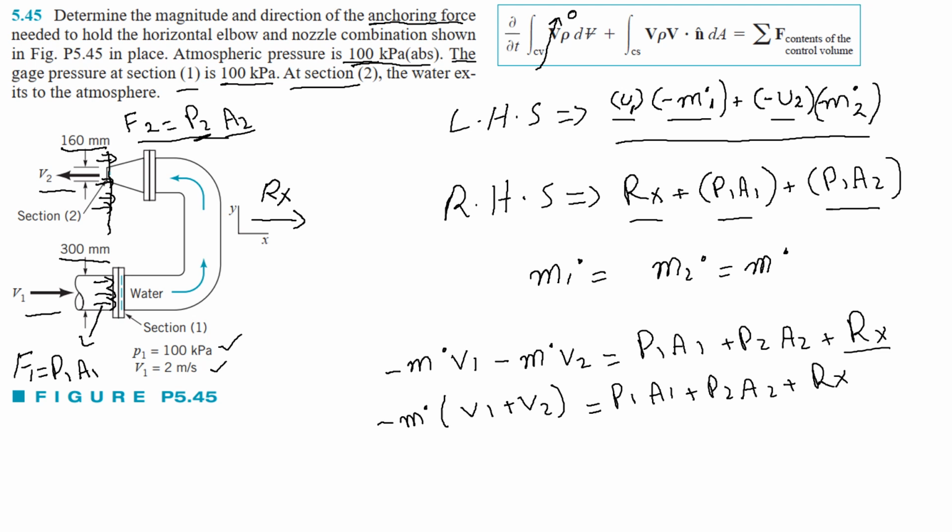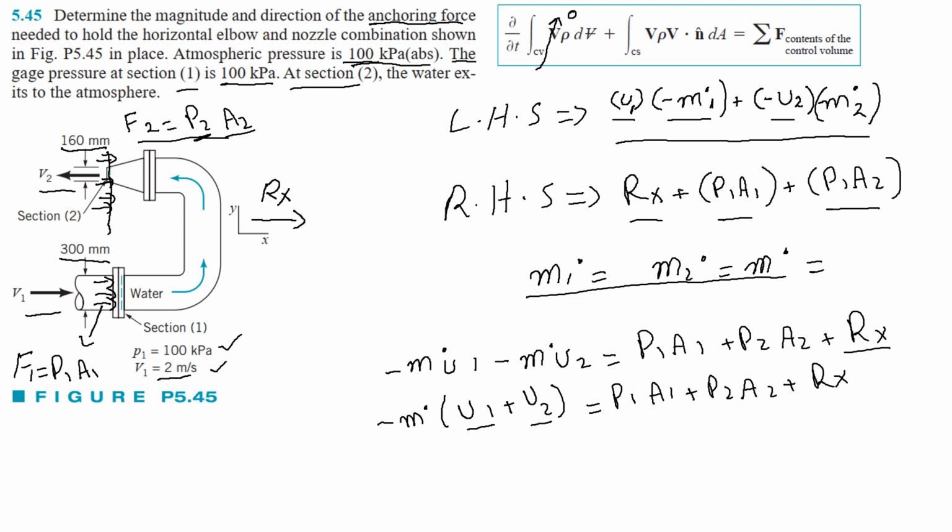So here I can use this assumption to find my velocity at section 2, because my velocity at section 1 is given, but at section 2 I don't know my velocity. Sorry, these are U, these are not V's, these are U's. Velocity in the z-axis, so U1 and U2. So U1 is given, that is 2 meter per second.